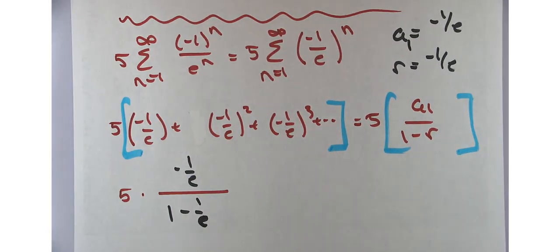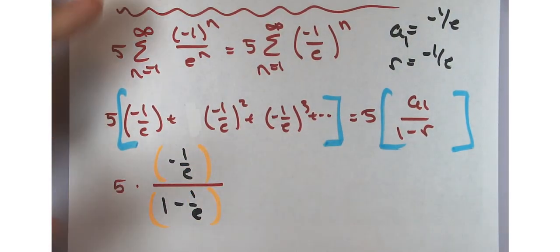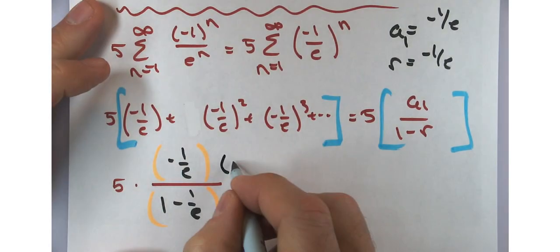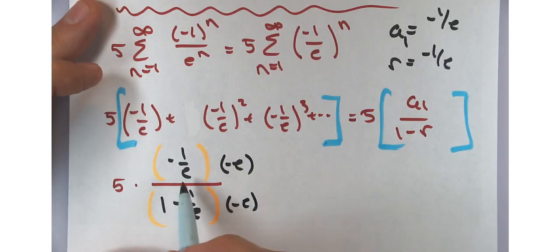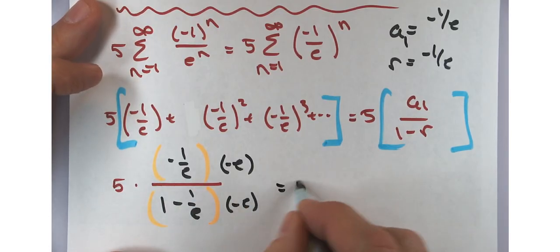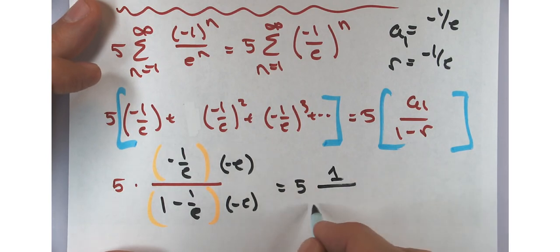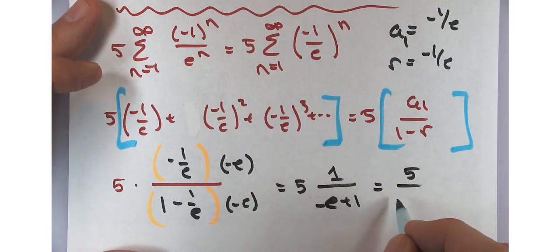I would multiply both numerator and denominator by negative e. In the numerator, that's going to give me just 1. In the denominator, I'll get negative e plus 1, or better yet, when it's all said and done, 1 over 1 minus e.